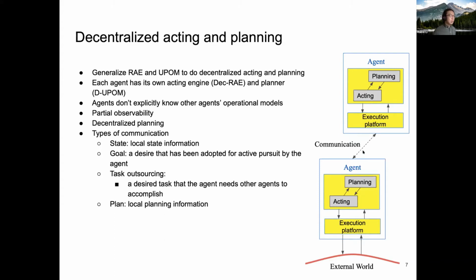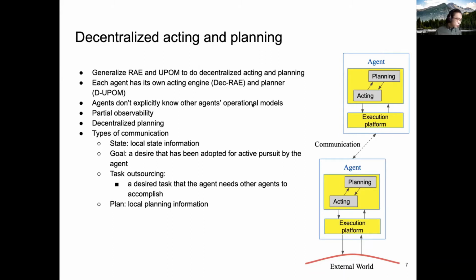And they don't have access to each other's explicit models. So one does not know exactly how the other agent is going to do what. But one agent might know what the other agent can do, but not exactly how.